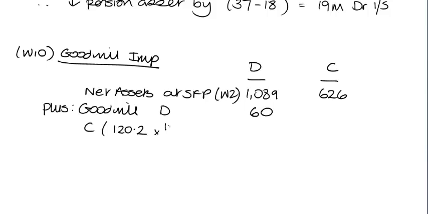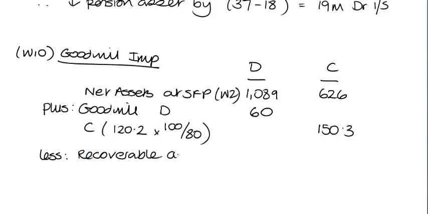So what we have to do here, and this is very bizarre, we have to gross up the goodwill to work out 100% of the goodwill. So if I gross it up, it gives me a figure of 150.3. We then take away from note 3 the recoverable amount. It says in note 3 that the recoverable amount for Data is 1,099 and the recoverable amount for Captive is 700.